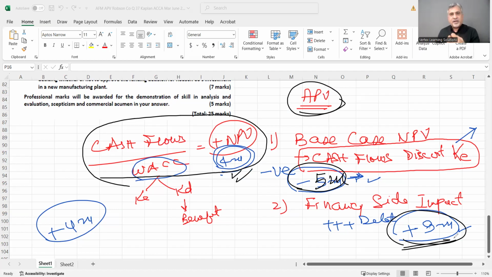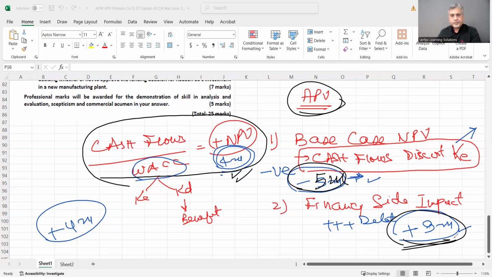So when you calculate APV, you are actually breaking down your NPV into two parts, and you are seeing what is the contribution towards shareholder wealth maximization as a result of the operational activities of the project, and what is the impact on shareholder wealth maximization as a result of the financing options which you have. This is why we calculate APV.